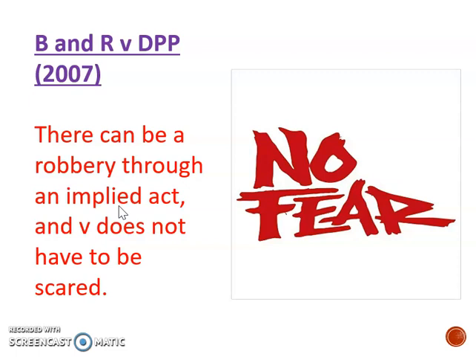And importantly, our victim doesn't have to be scared for it to be a robbery. And that's quite interesting because if you think back to the offence of assault, for an assault, you have to have a scared victim. If the victim isn't scared, it's not an assault. But for a robbery, there's no need for there to be fear as long as we've got an implication that force is going to be used.